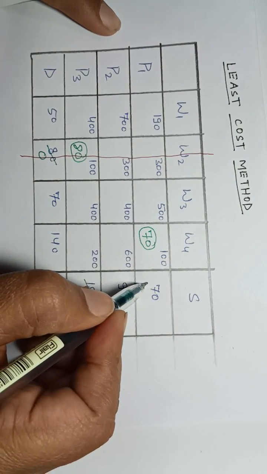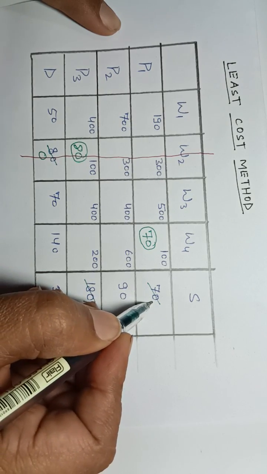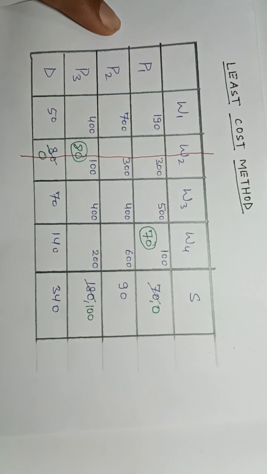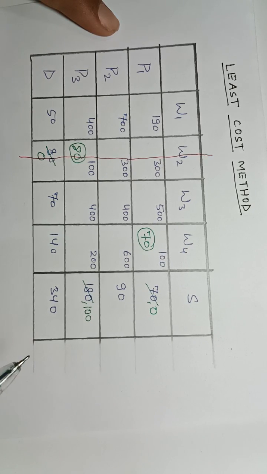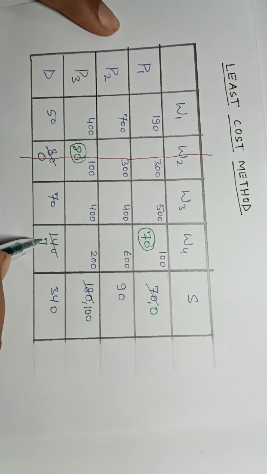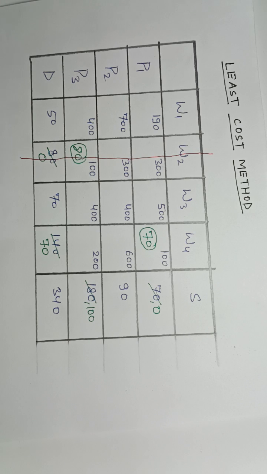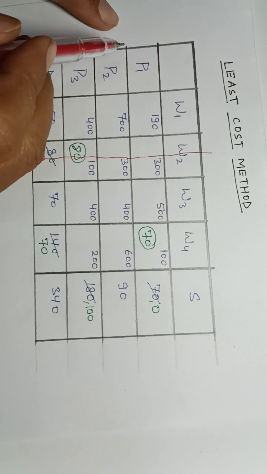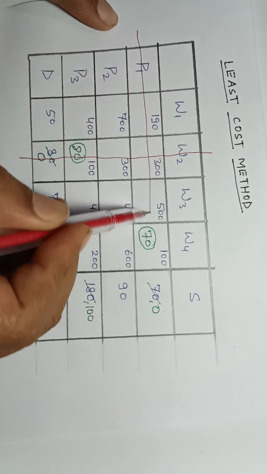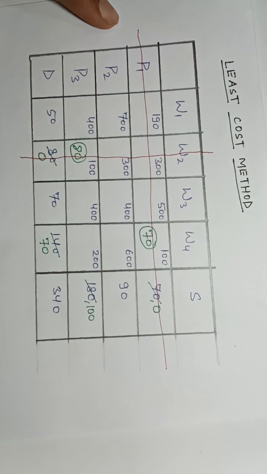See here, this supply is exhausted, and here 140 minus 70, the remaining units is 70. In this way row 1 is exhausted, so I will strike out row 1 from this matrix.